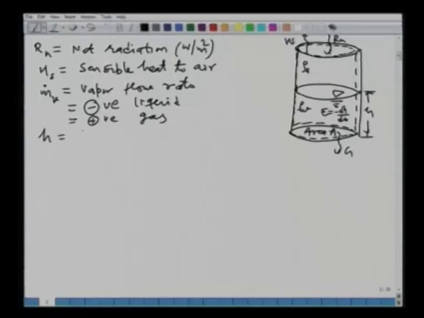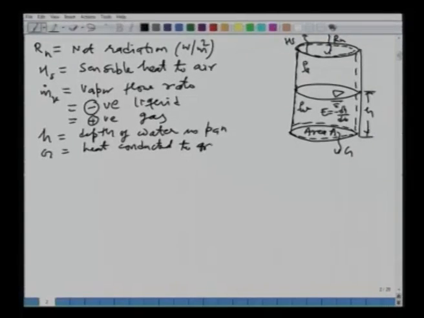h is the depth of water in the pan, capital G is the heat conducted to the ground or heat loss to the ground. We need to estimate these things somehow.